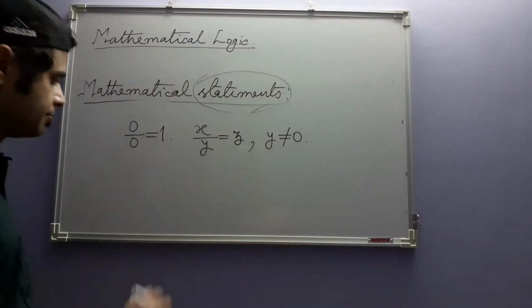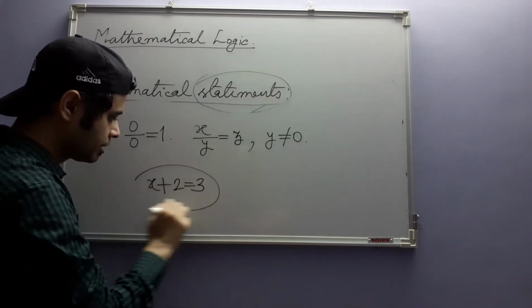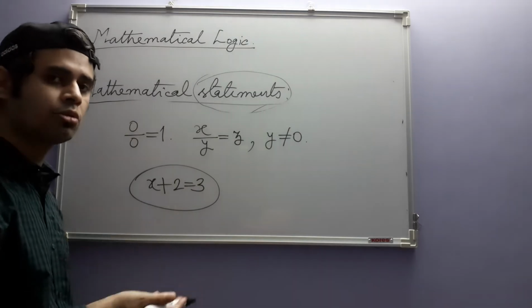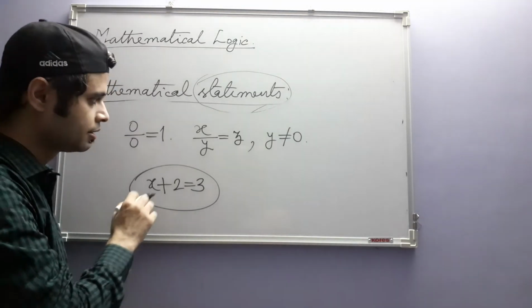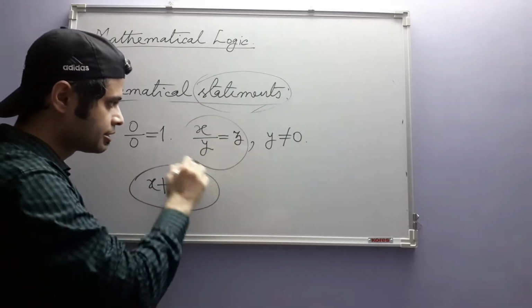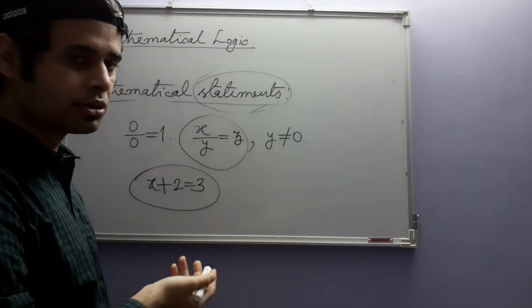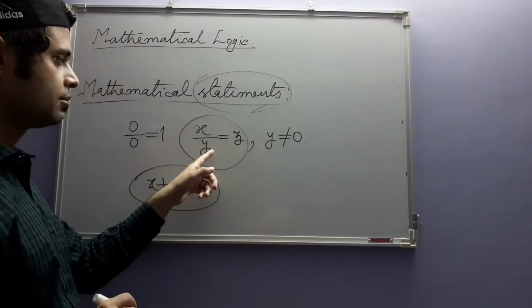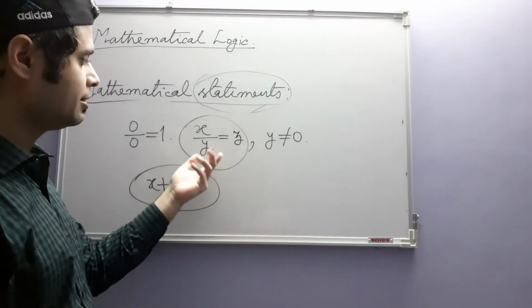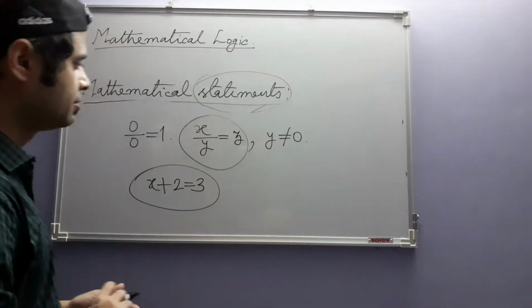Remember, x plus 2 equal to 3, you cannot say it's true or false. It depends on x. Similarly, in this case, whether it is a statement or not depends on y. If y can become 0, then it will be ill-defined.